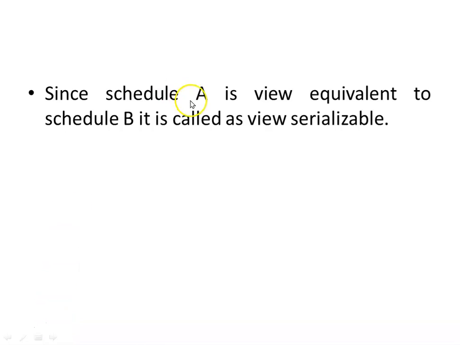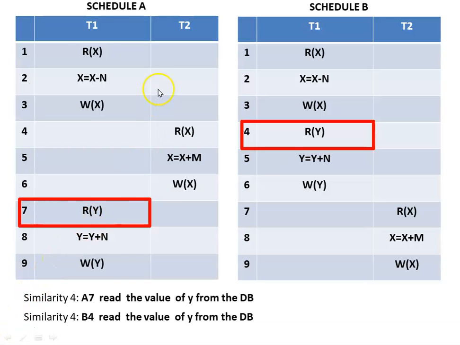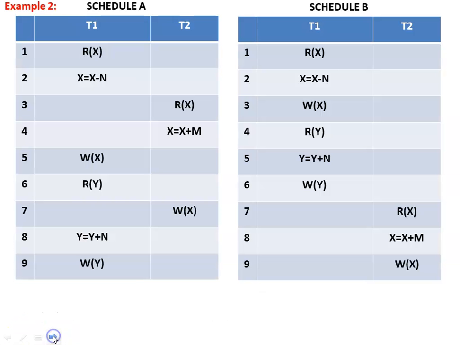So since schedule A is view equivalent to schedule B, it is called view serializable. This was a non-serial schedule and this is a serial schedule. So when a non-serial schedule is view equivalent, it is called view serializable. Now an assignment for you all: find whether schedule A and B are view equivalent or view serializable.